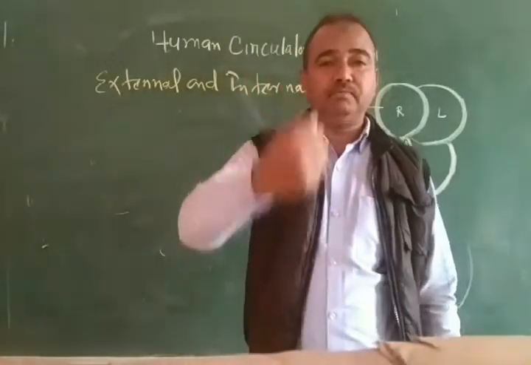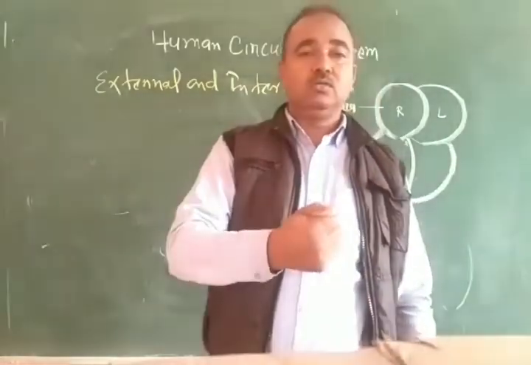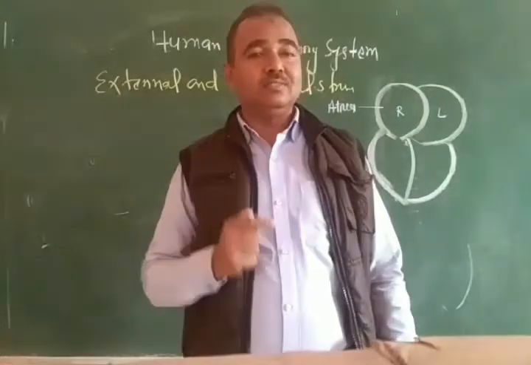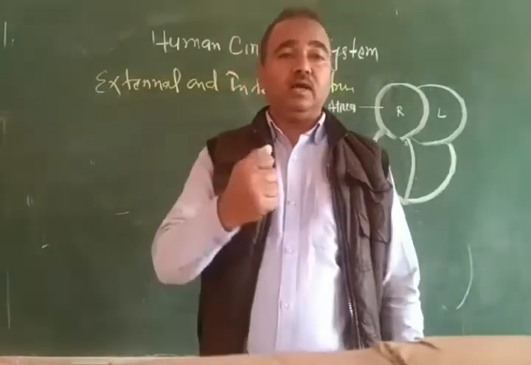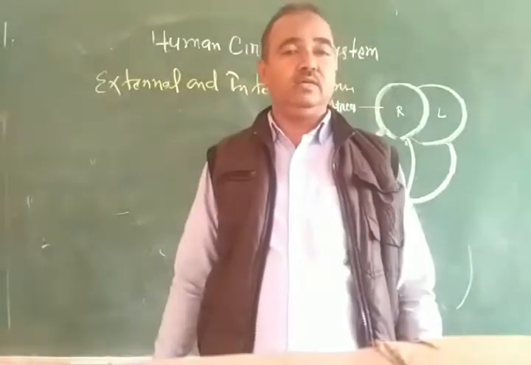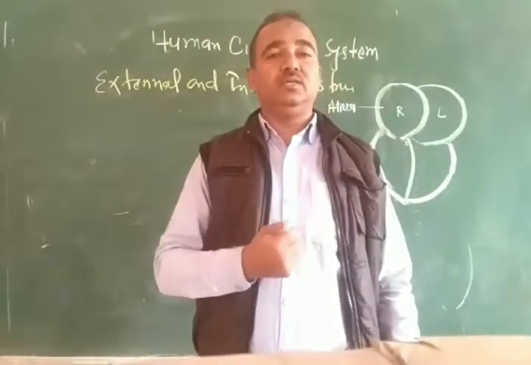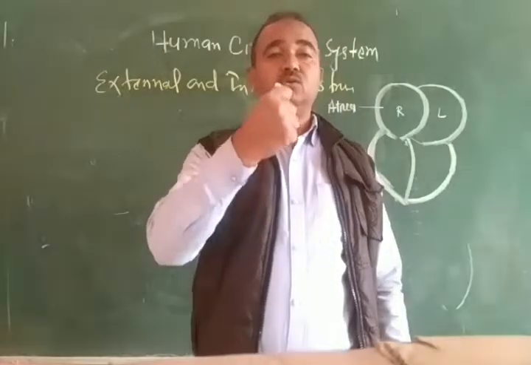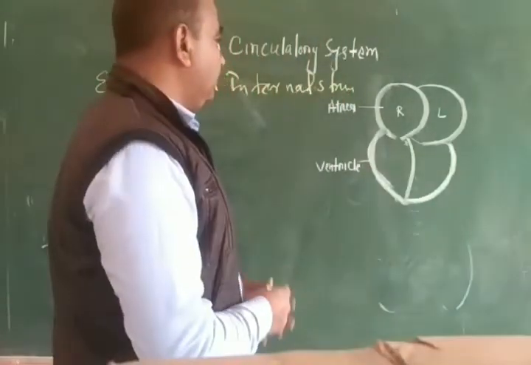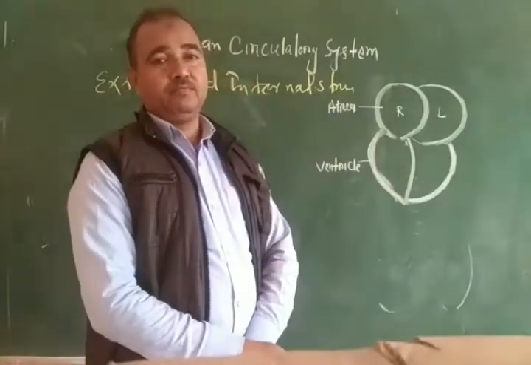Ultimately, the major part of the heart is on the left-hand side, and in general society says the heart is situated on the left-hand side, but the actual position is in between the two lungs. The heart is made up of four chambers.